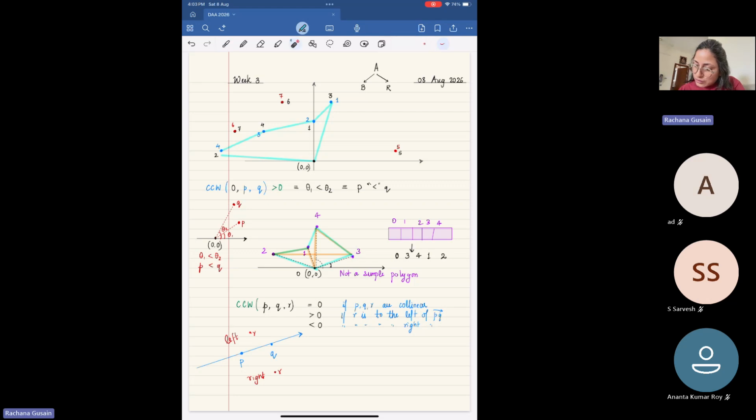So that we get the simple polygon which covers these points 0 to 5, 5 to 6, and 6 to 7.